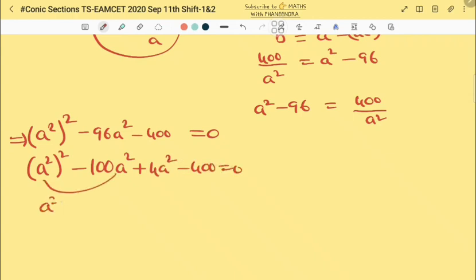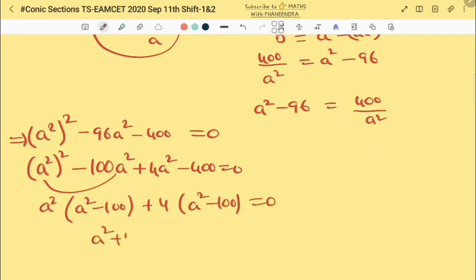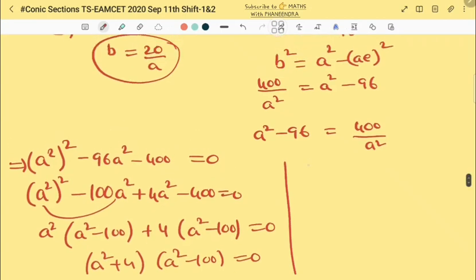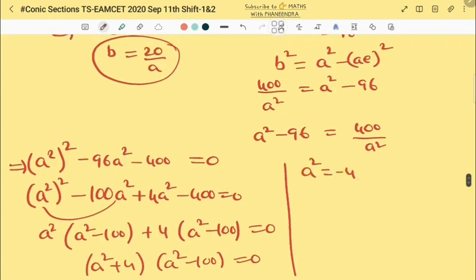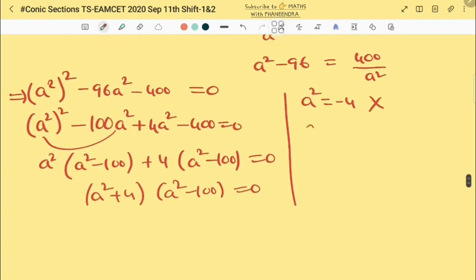Take common a square: a square into a square minus 100, plus 4 into a square minus 100. So a square plus 4 into a square minus 100 equal to 0. So a square equal to minus 4 is not possible. So a square is equal to 100, so a is equal to plus 10.